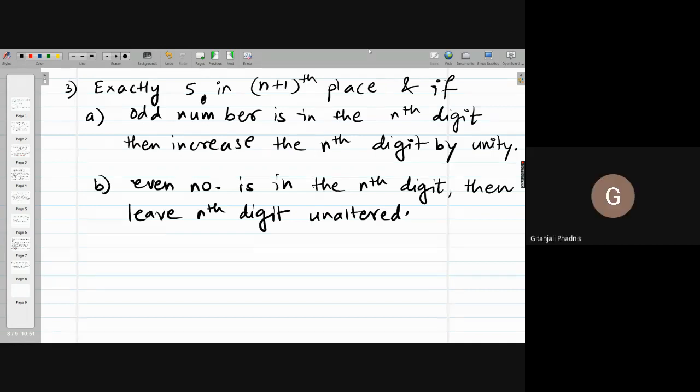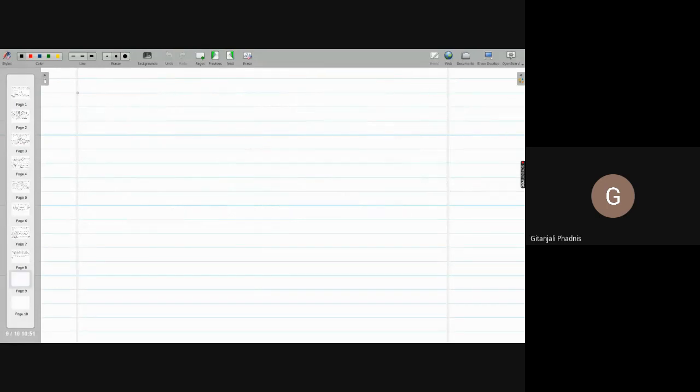So for example now, we will have some numbers. On the next page I will write: round off the following numbers to 4 significant digits.